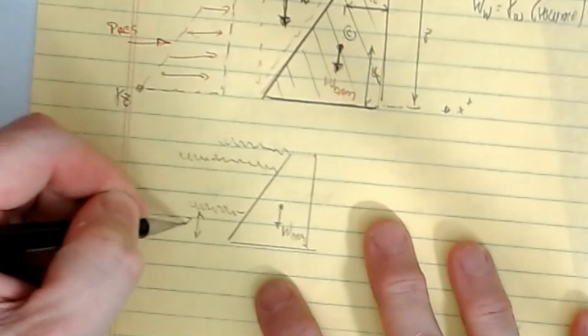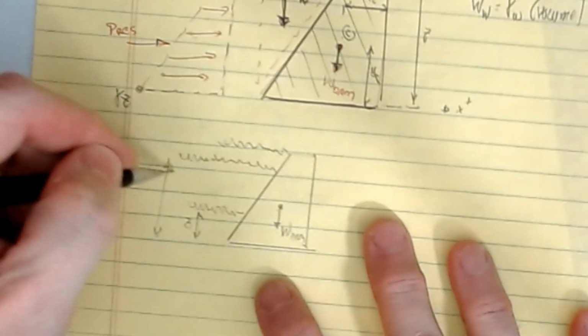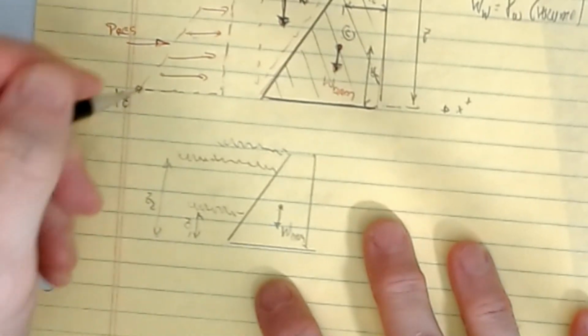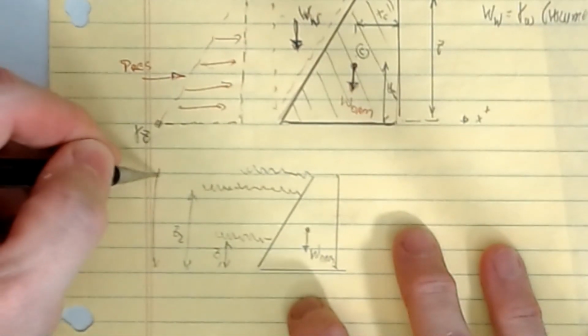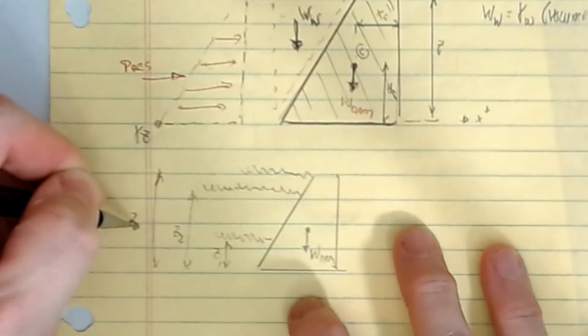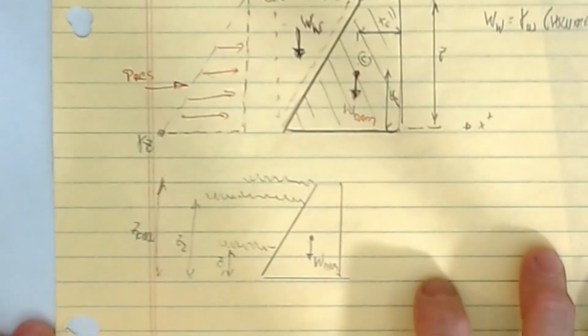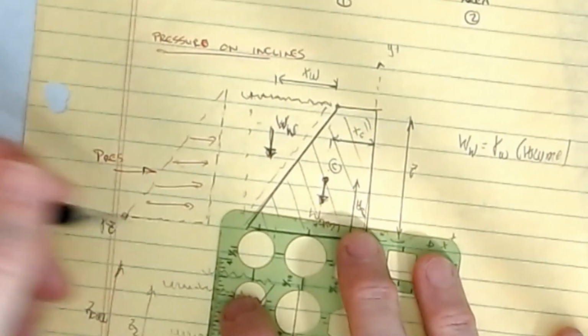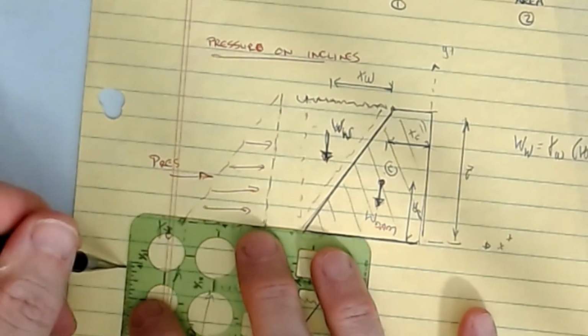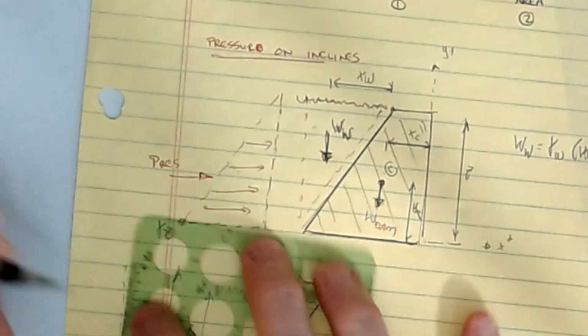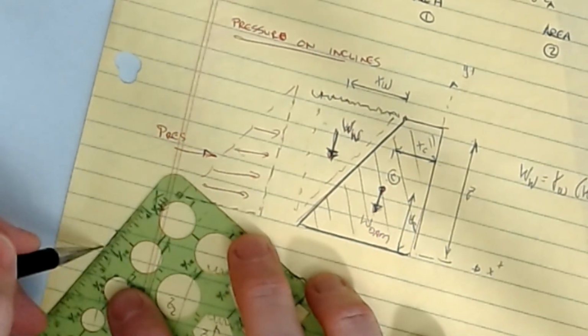So you have to be able to handle all of the Z's: Z1, Z2, let's call this Z full. It starts to look kind of like that. But in all of these cases, the pressure looks something like this, and you would solve it exactly the same way.